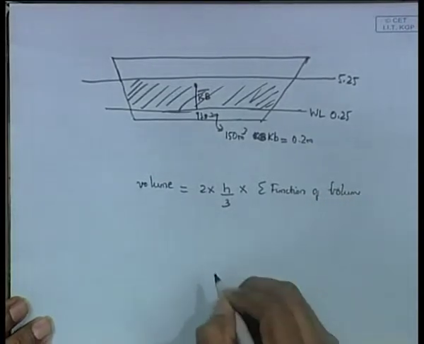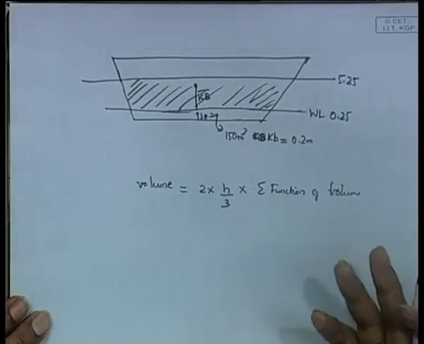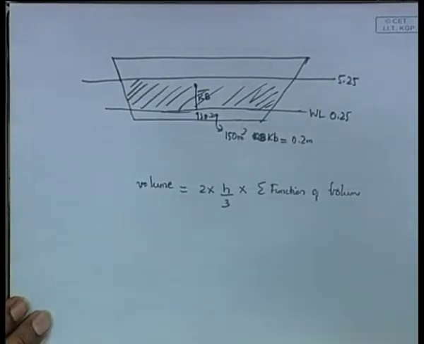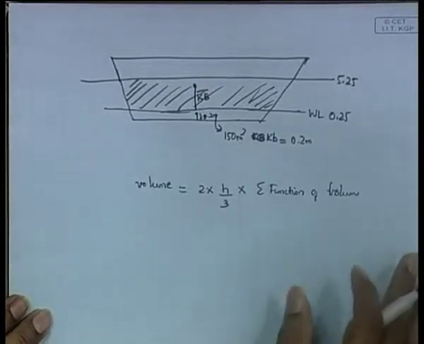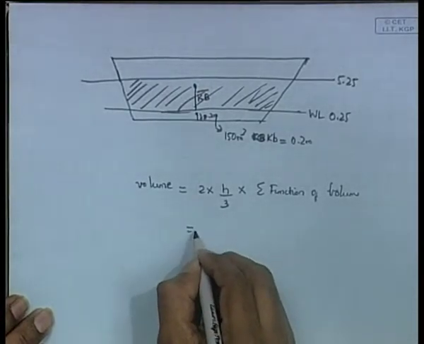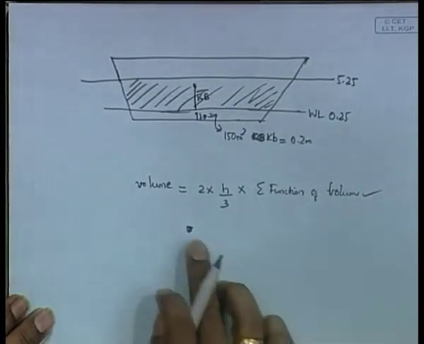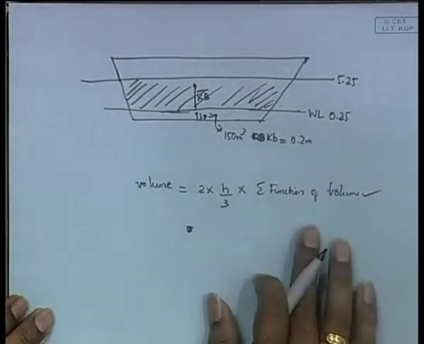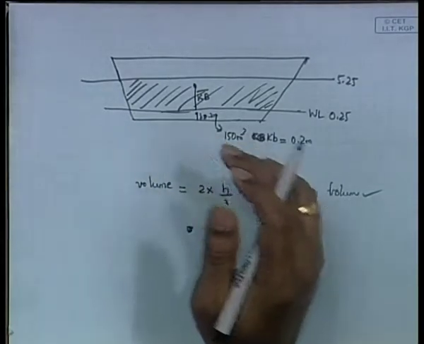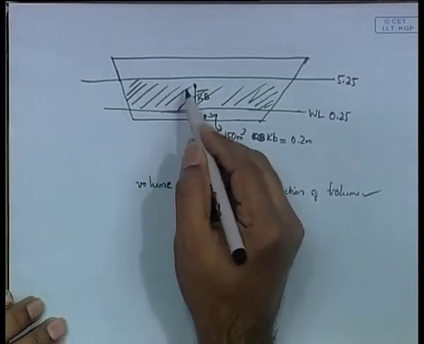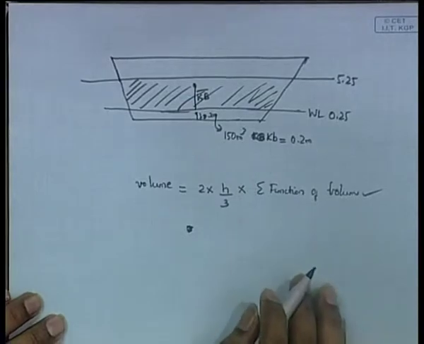You know how this h by 3 has come, it is because of the definition of Simpson's rule, h by 3 into 1, 4, 2, 4 in general for a body, for a shape. So, this is how you find the volume of that whole section. So, you get this volume that we have seen. Okay.